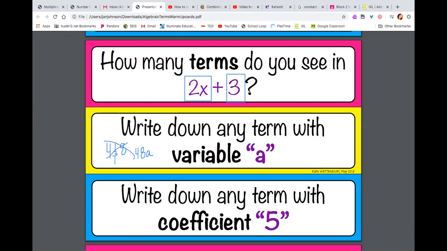So why don't you guys give me an example? And Evelyn, give me an example with a term that has a coefficient 5. 4n. Okay, Ethan, but we need to use the number 5, right? The coefficient is 5. 5n, okay.